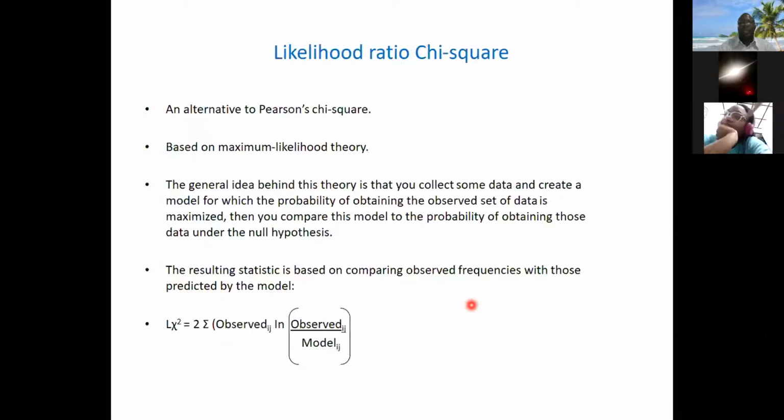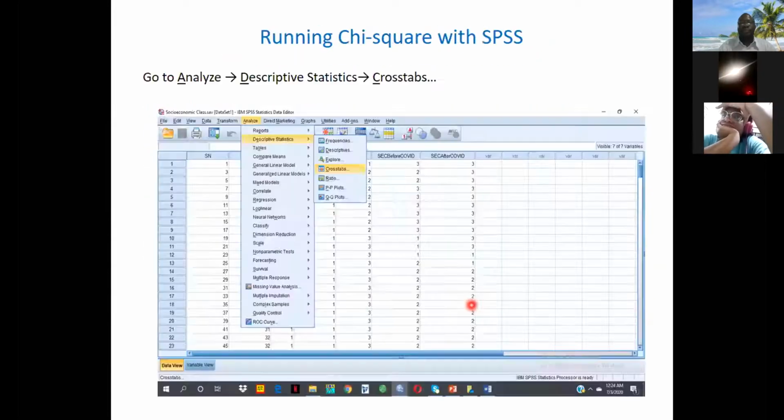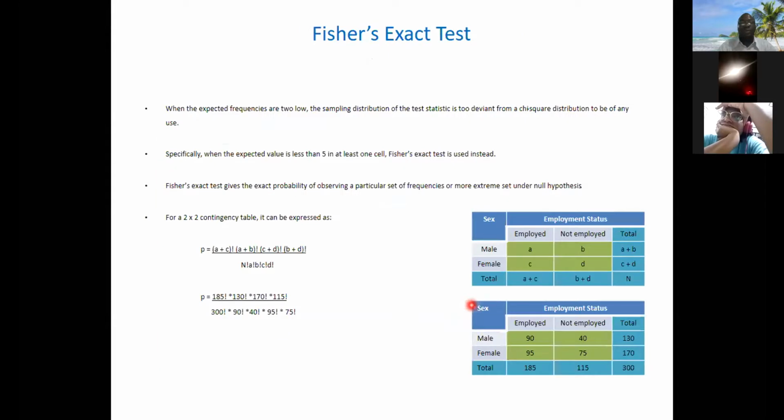Let me go back to that table now. So now, if it is a 2 by 2 table, one cell is 25%. So when you have any of these violations in any one cell here, if you have an expected count less than 1 anywhere, we have already said that.